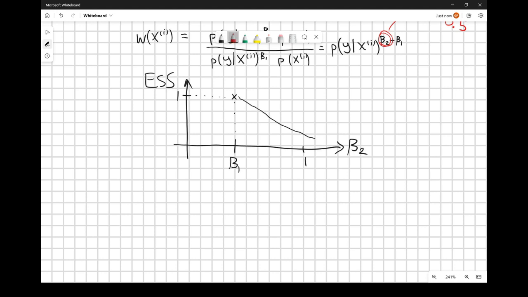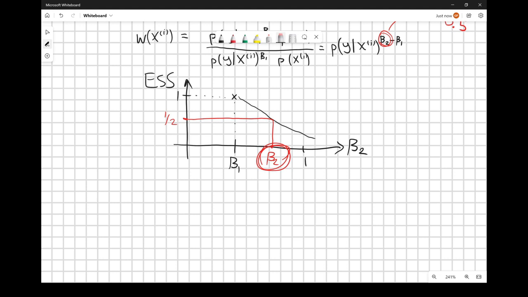So again, exactly the same procedure. We might choose, okay, let's say the effective sample size is equal to a half there. And so we read off this, then we get our new value of beta 2. And so we can continue with our adaptive annealing schedule in this way until our beta becomes greater than 1.